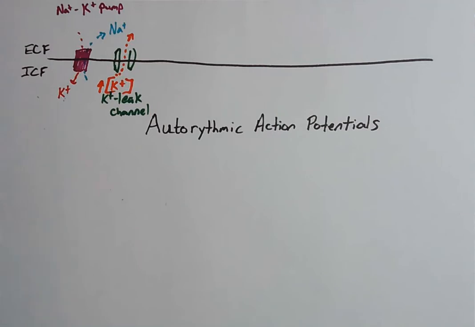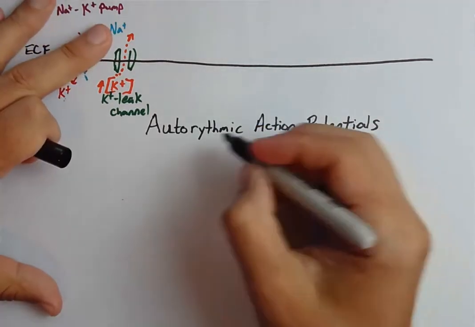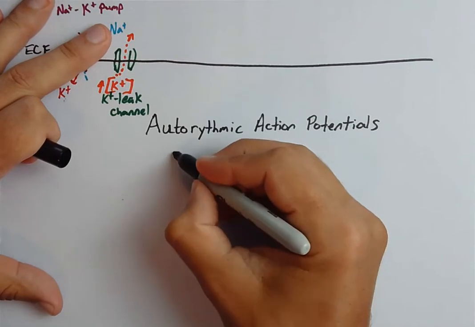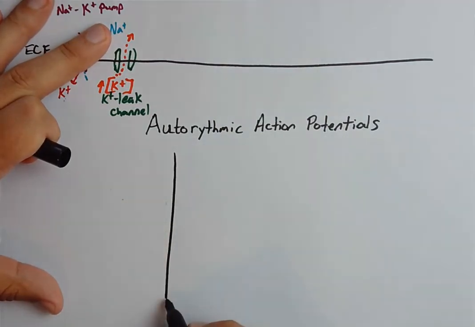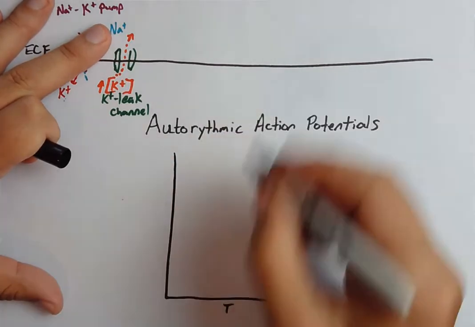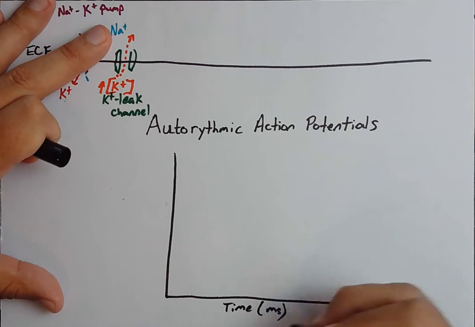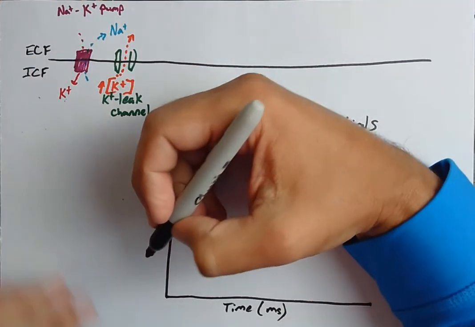And we can start to draw this as a graph, right? And that's what we're dealing with when we're dealing with action potential graphs. We're going to say what happens to the membrane potential over time. Everything in the body occurs really fast, so it's occurring in milliseconds.